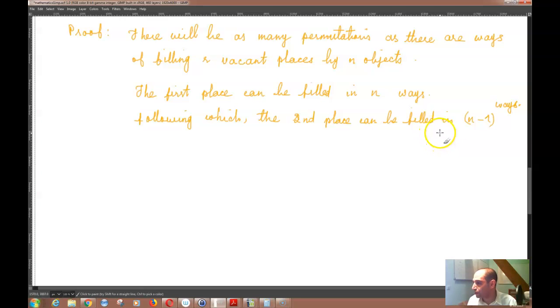Following which the third place can be filled in n minus 2 ways.